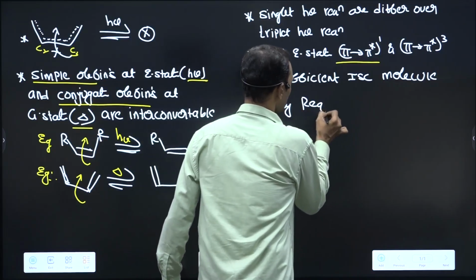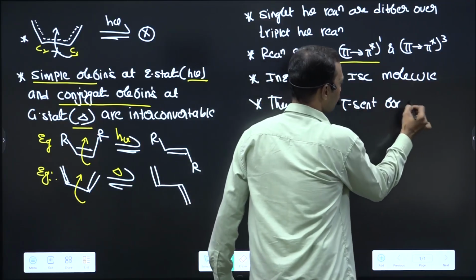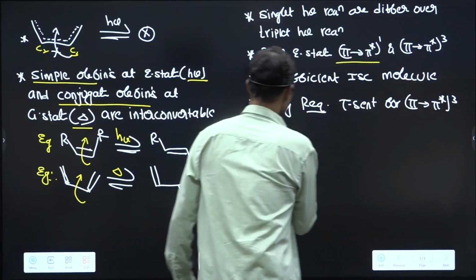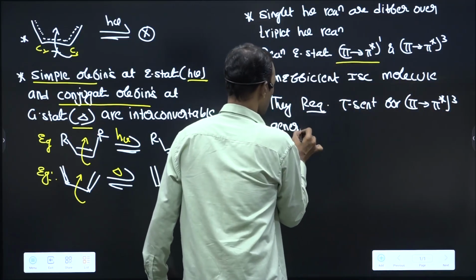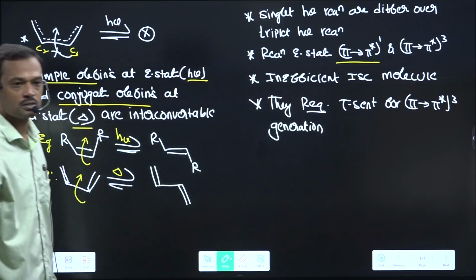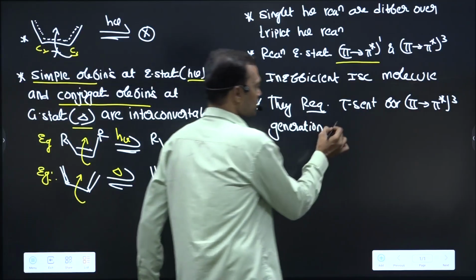They require a triplet sensitizer for pi to pi star triplet generation. So what are the most common triplet sensitizers?